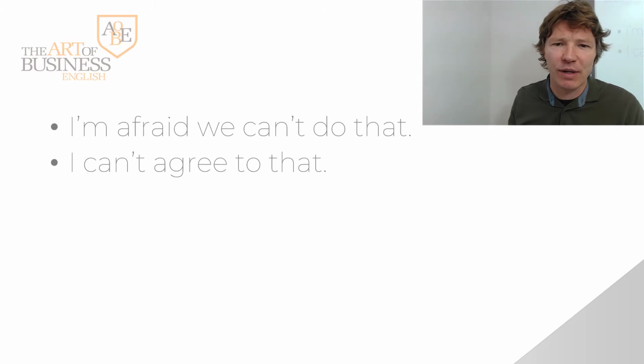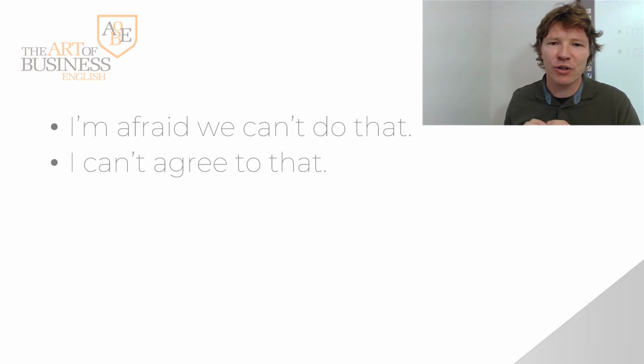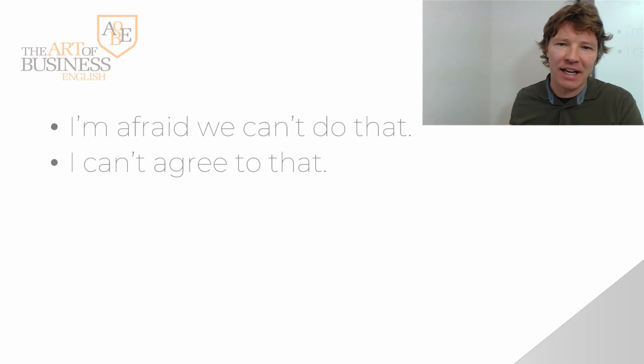The next one is, I can't agree to that. It's very clear that you don't agree, or you're not able to agree. If you say I can't agree to that, it's a little bit better than saying I don't agree to that. If you say I can't agree to that, it sounds like the conditions for you to agree maybe are outside of your control.